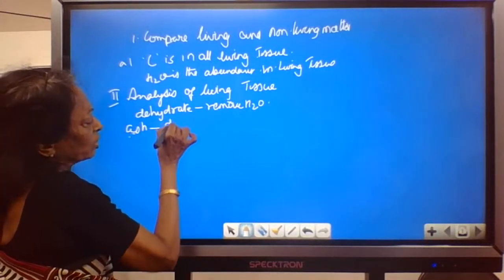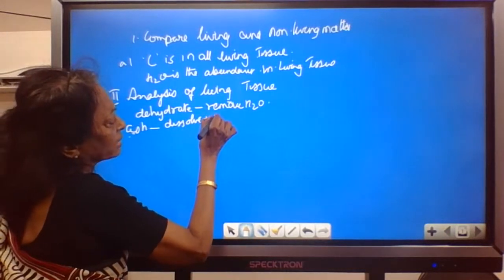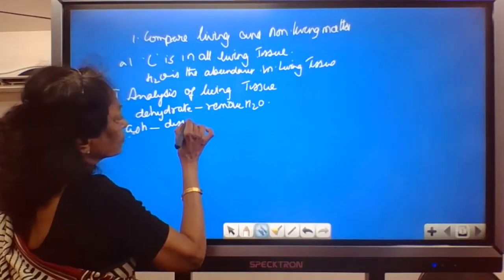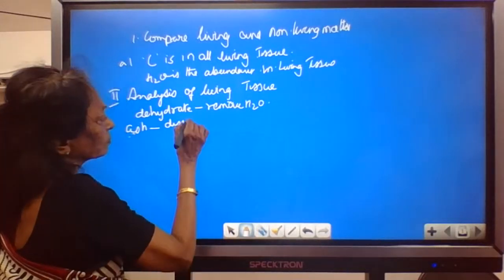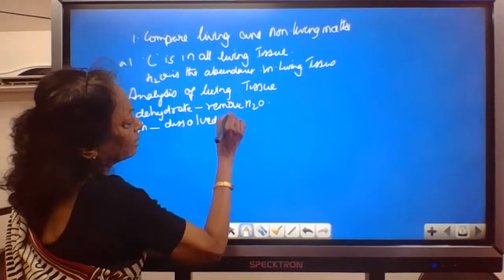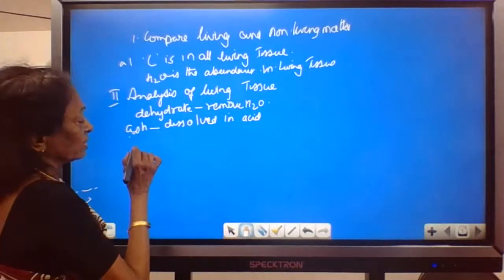And the ash is dissolved in acid. A particular acid they can use. And then filter.